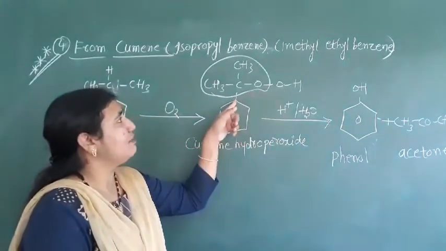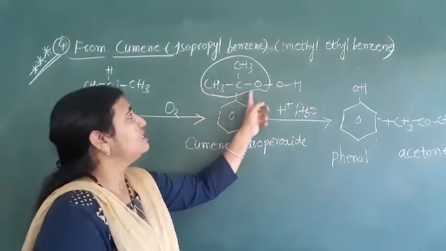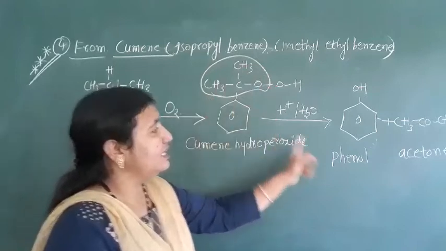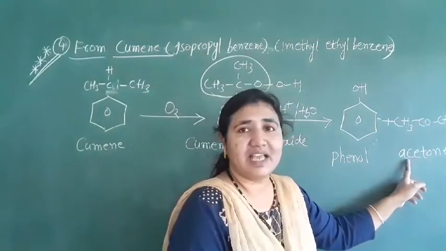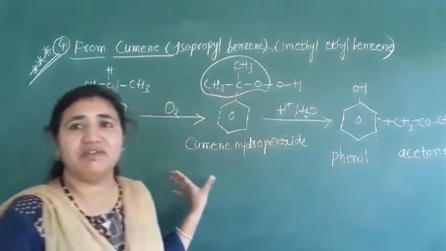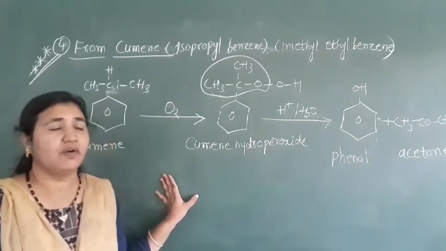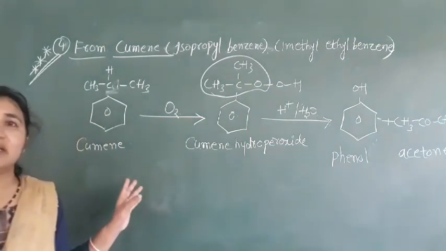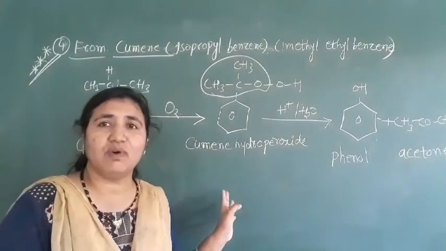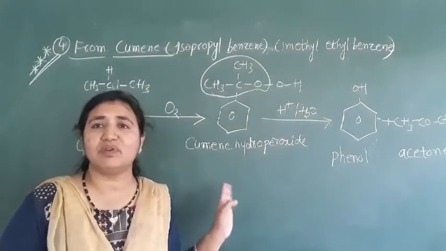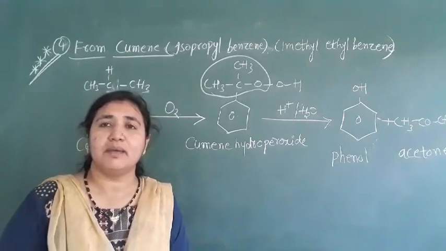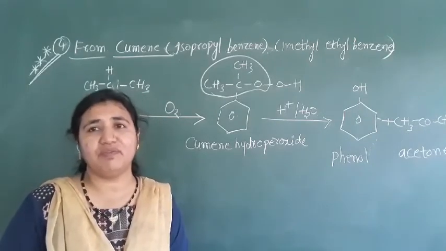This OH will come here, and this whole CH3COCH3 is removed, that is acetone. This is a very important reaction for the theory exam, 2 marks it is. Cumene process was asked in the KCET exam 2004. Cumene process is a very important method for the preparation of phenol.